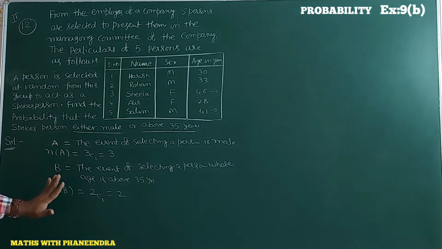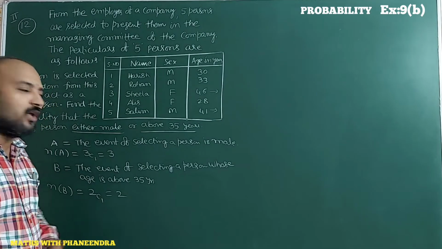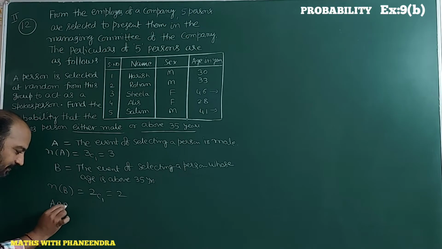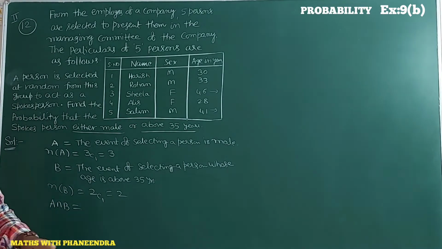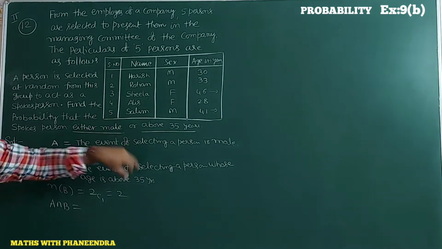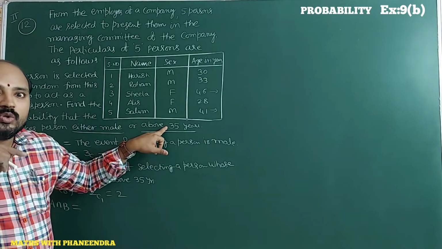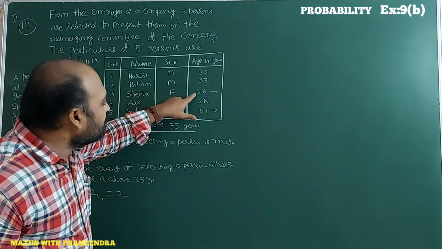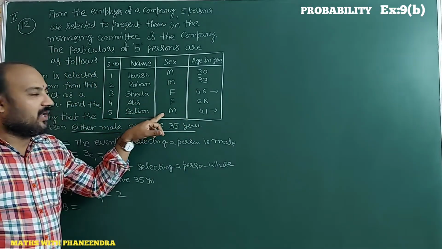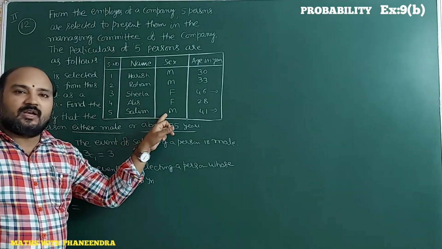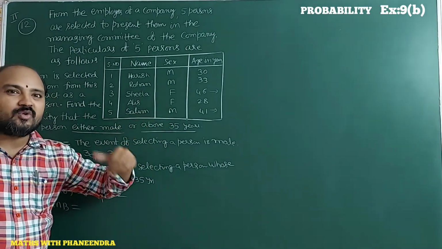I hope you people understand. N of A, N of B, we got it. N of A intersection B, how will it come? So A intersection B means selecting a person who is male and whose age is above 35. Among these two, Sheila is female and Salim is male. So only one person is there above 35.